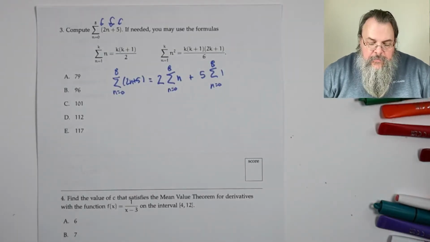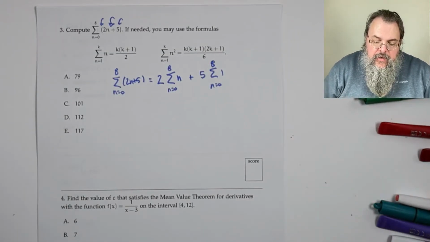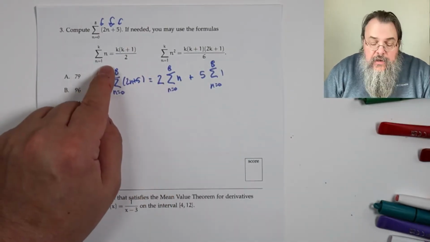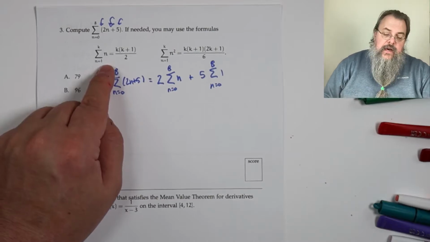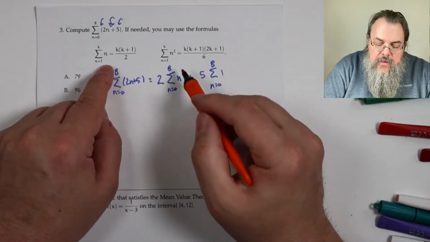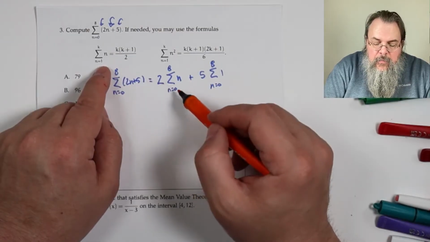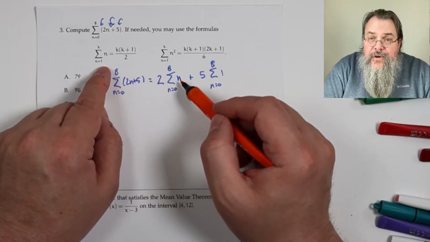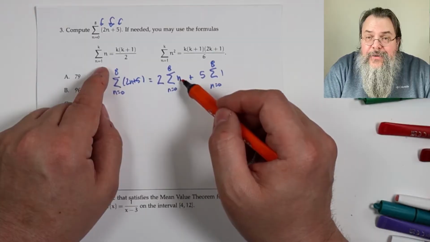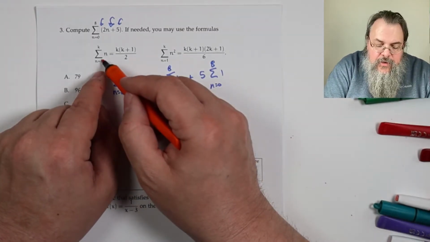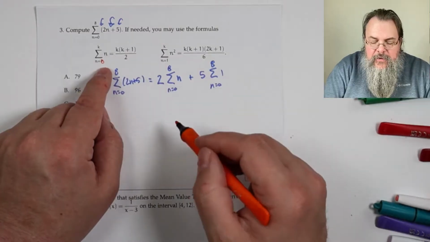So what do we have? Well, here, we're adding n. See how we have n? That's pretty good. Now, how do we do that? Well, we're starting at 0. This formula starts at 1. But notice, if you start at 0, you get 0 when you put 0 in. So this really doesn't matter if you start at 1 or 0. I can put a 0 there if it makes us feel better.